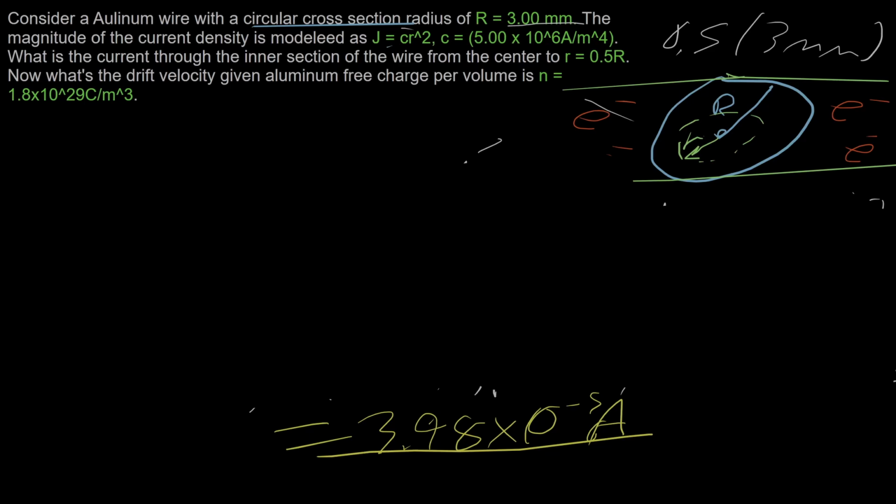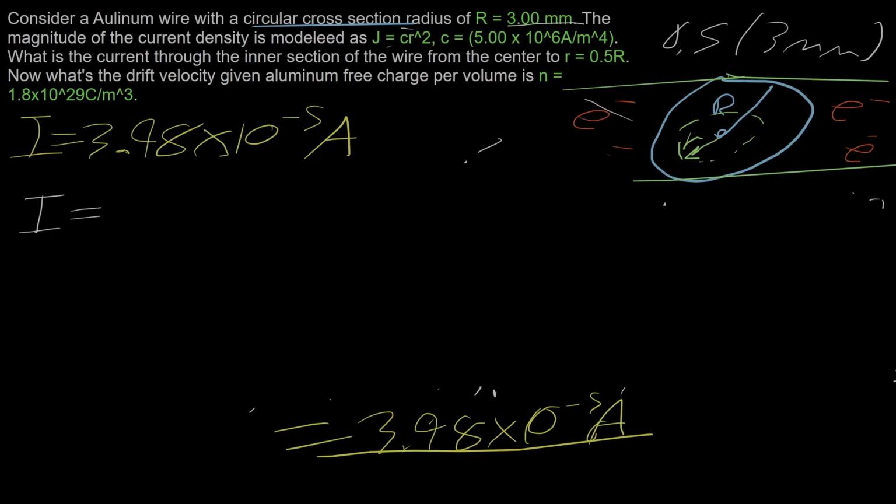let's calculate the drift velocity, like how fast are these electrons passing through our wire. We already know that the area is very small, so these can be moving pretty slow, as we'll see in a moment here. So how do we find drift velocity? We know that the current is equal to dQ over dt, but it's also equal to, as we're going to see here, let's draw a circle to give us an idea.